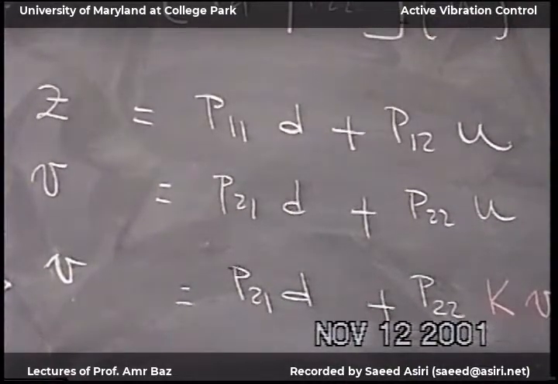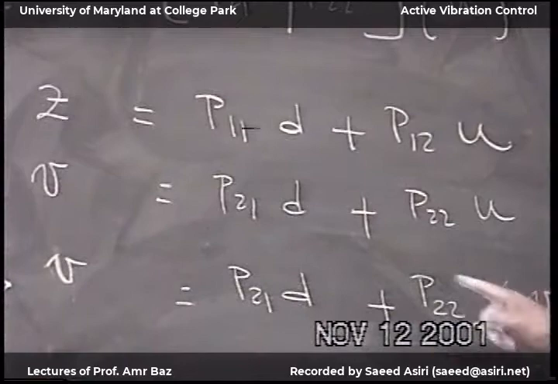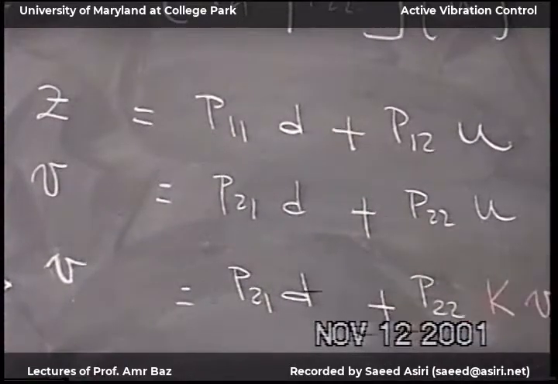And this now will give me, I'll put V's on one side and D on one side.